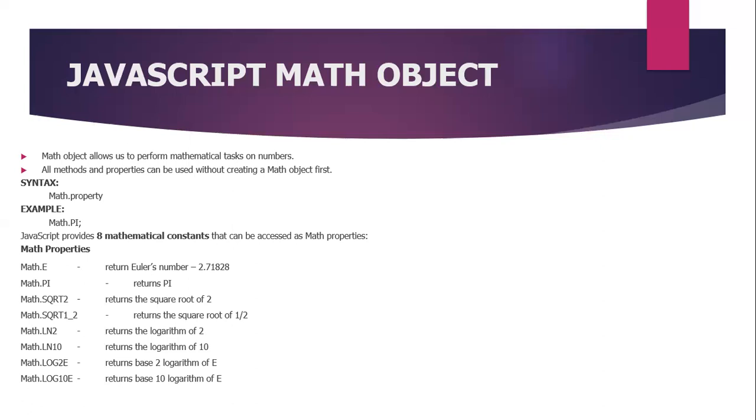Math.SQRT1_2 returns the square root of 1/2. Math.LN2 returns the natural logarithm of 2. Math.LN10 returns the natural logarithm of 10. Math.LOG2E returns the base 2 logarithm of E. Math.LOG10E returns the base 10 logarithm of E.